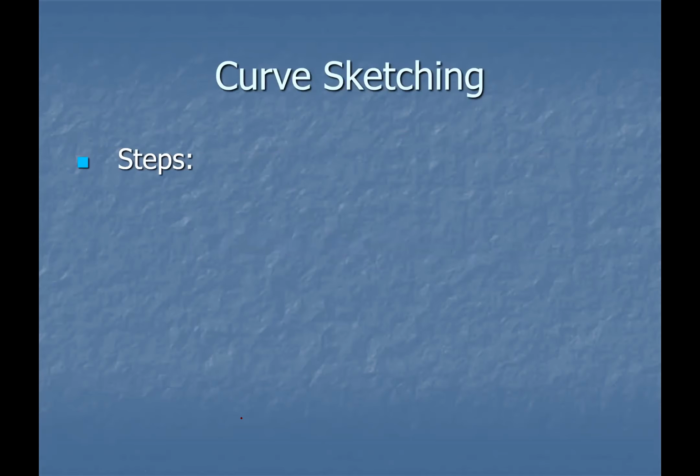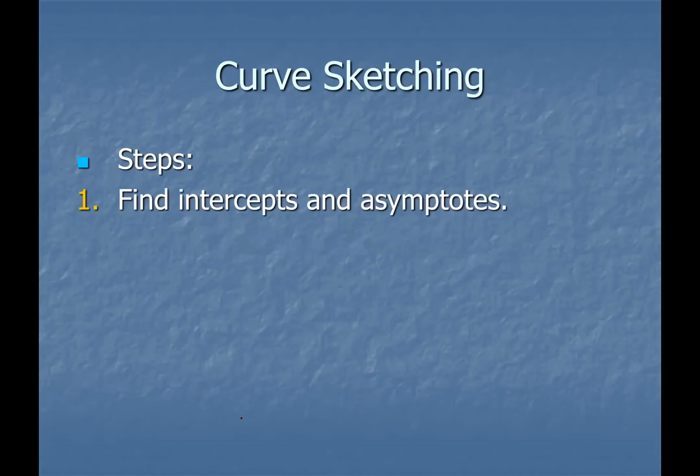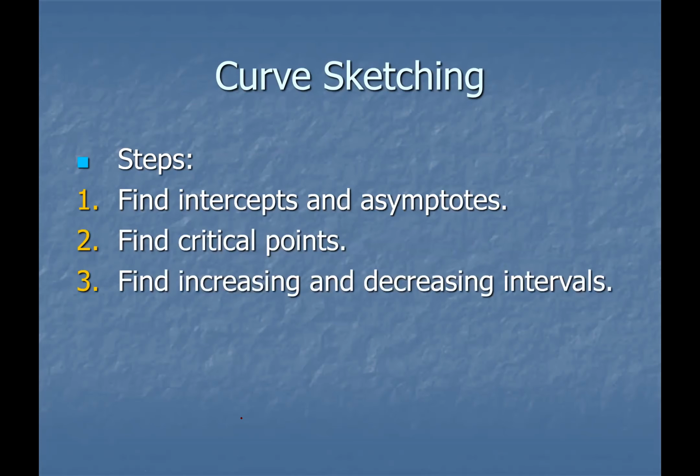How to sketch the curve, steps: find the intercepts and asymptotes, find the critical points by using f dash, and find the increasing and decreasing intervals. You will substitute in f dash. If f dash is positive, the function is increasing during this period, and decreasing if f dash is less than 0.